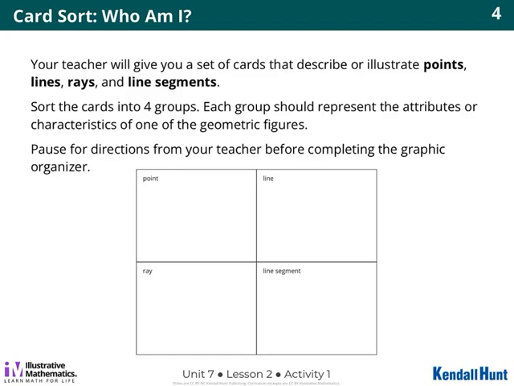First, you're going to cut them out. Then you're going to sort the cards into 4 groups. Each group should represent the attributes, which means characteristics, right, of one of the geometric figures. Pause for directions from your teacher before completing the graphic organizer.